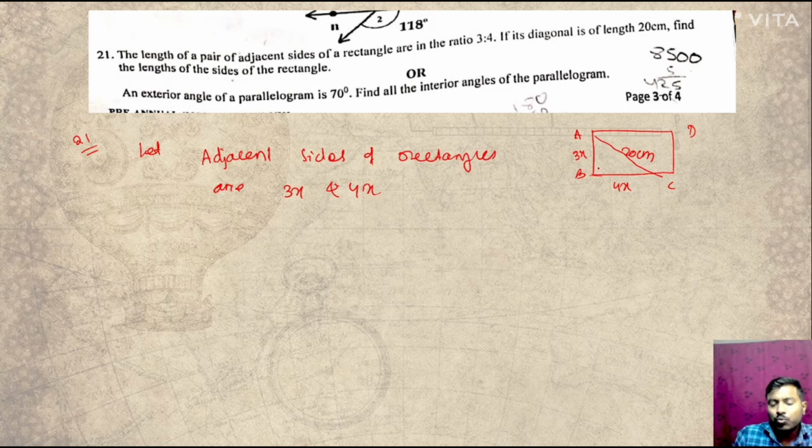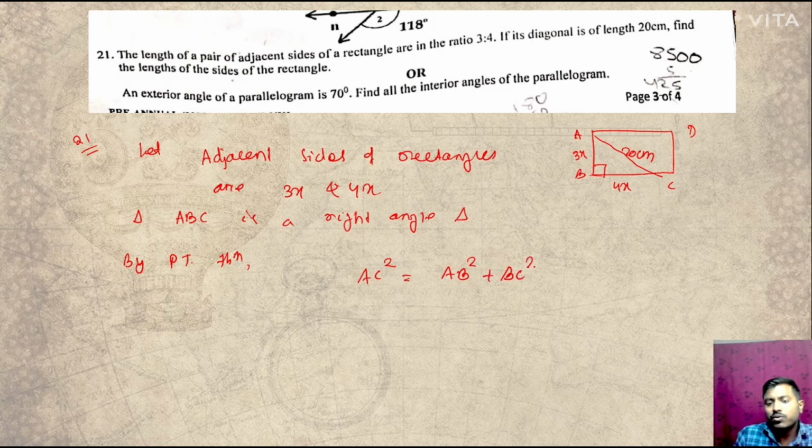Find the length. We know that each angle of a rectangle is 90 degrees. Yes or no? So write down triangle ABC is a right angle triangle. Then by Pythagoras theorem, AC square is equal to AB square plus BC square.